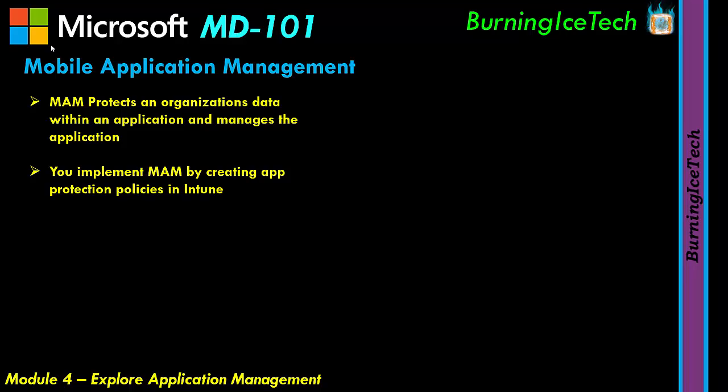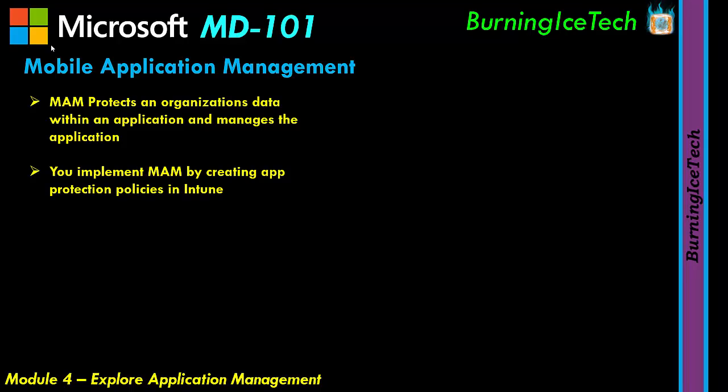Once you've done that, you will need to apply it to a group in Intune. This can either be a user group or a device group. All of that was covered in the previous module. So if you're not sure what I'm talking about with regards to groups, make sure you've watched the previous modules, guys.